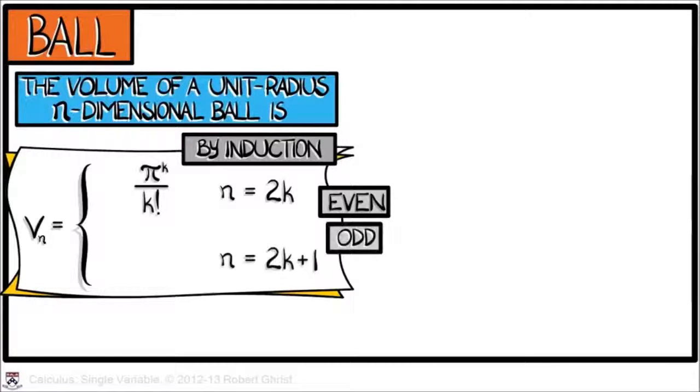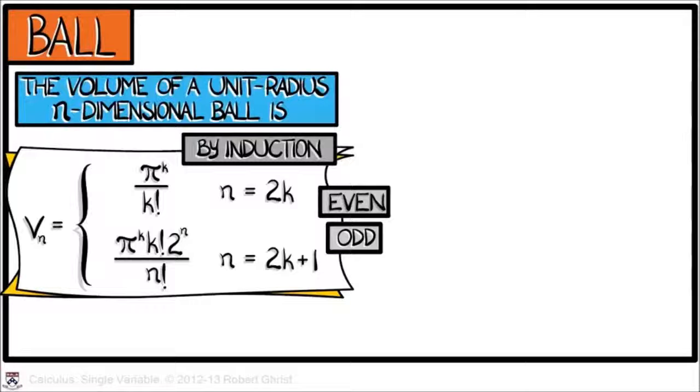When n is odd, that is 2k plus 1, then the volume is pi to the k factorial 2 to the n over n factorial. Whew, that's kind of complicated. We'll show you how to get this in the bonus material.